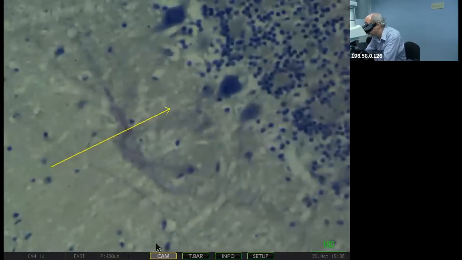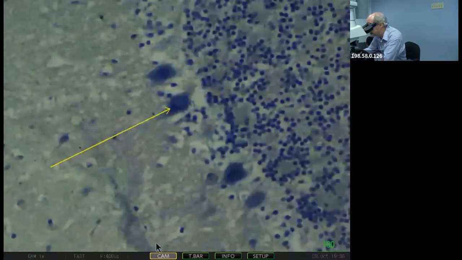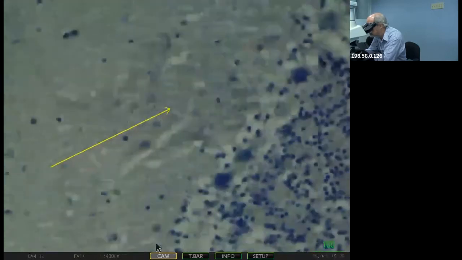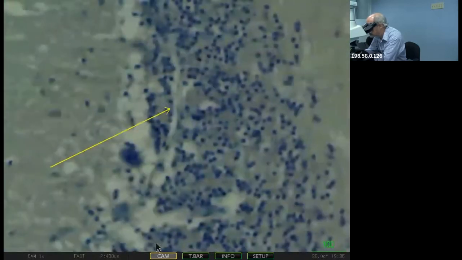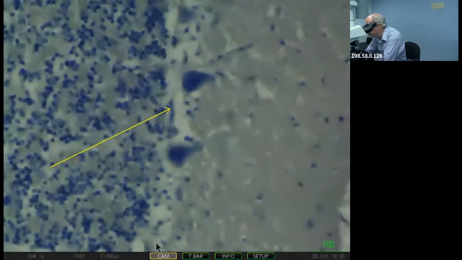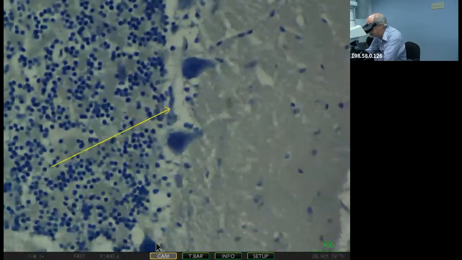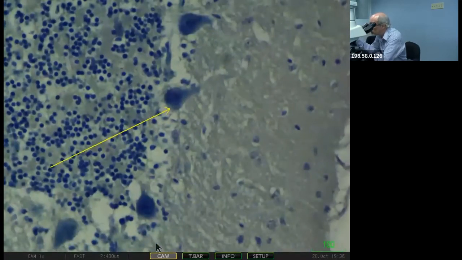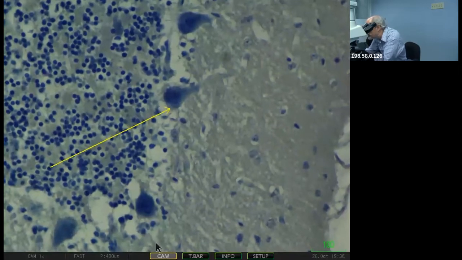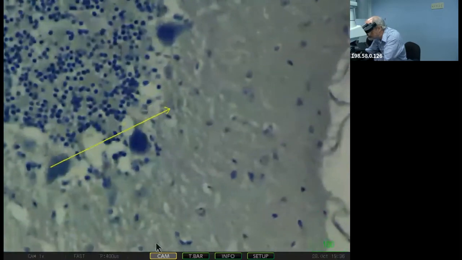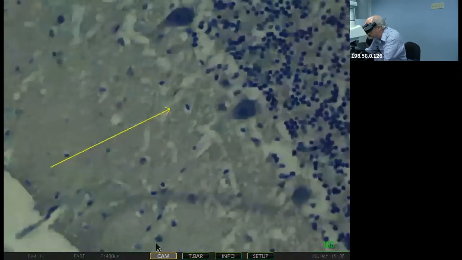And the second thing that you can find: you see the shape of your Purkinje cells. Again, they have the shape of a pear, and you can see the nucleus, which is darker, in the center.